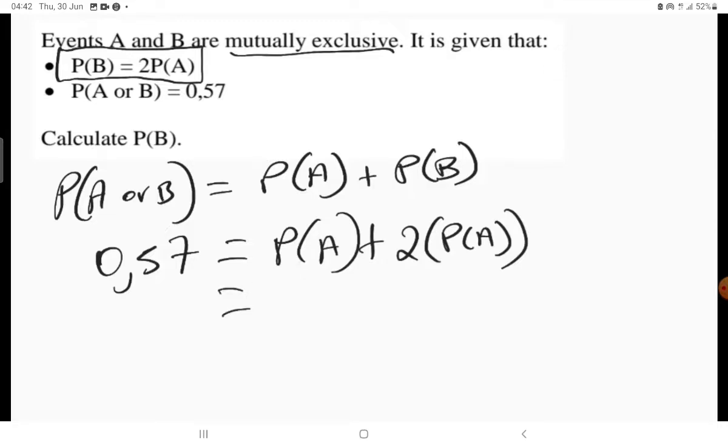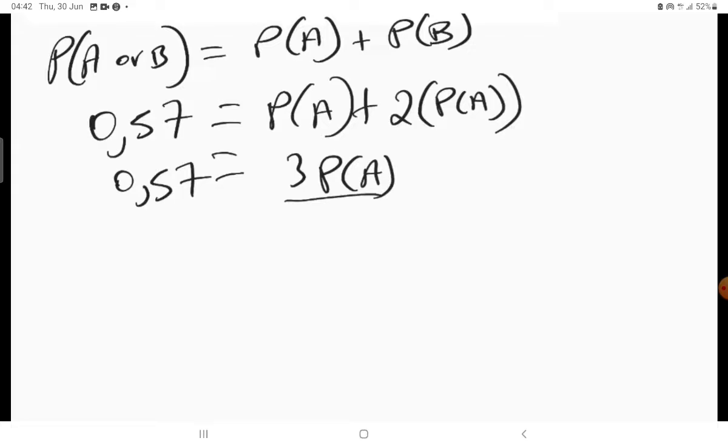So on that note, probability of A plus 2 times probability of A is 3 times probability of A. We have 3 of them. So this is equal to 0.57. If we divide this by 3, then you will get probability of A being equal to 0.19.